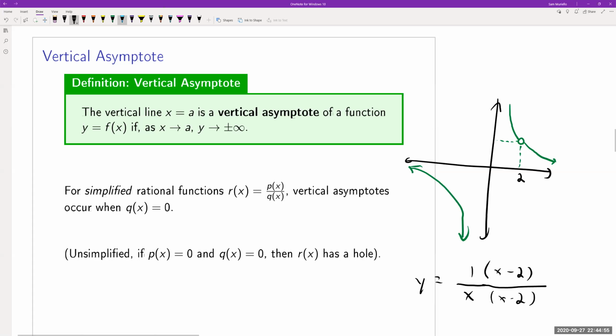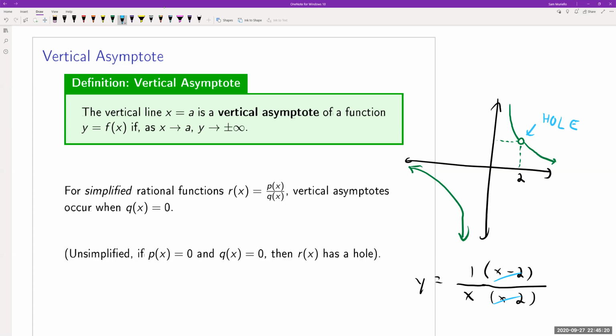In simplifying here, I would want to cancel out the x minus 2's, and so as x approaches 2, nothing is different than the original function 1 over x. But exactly at 2, you cannot plug it in. Even though my denominator is very close to 0, because the numerator is also very close to 0, nothing unusual happens. And we will call this a hole.